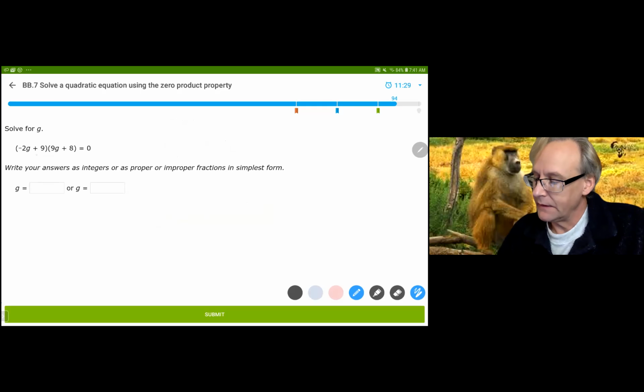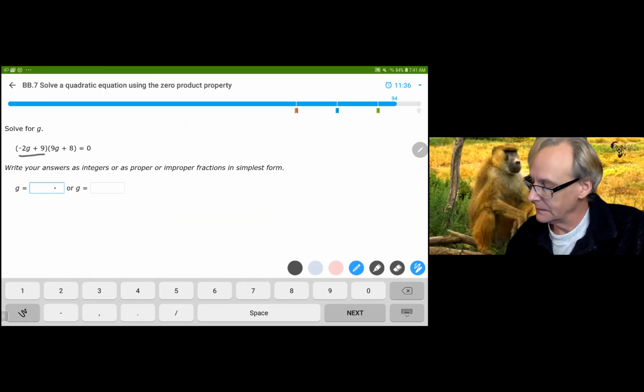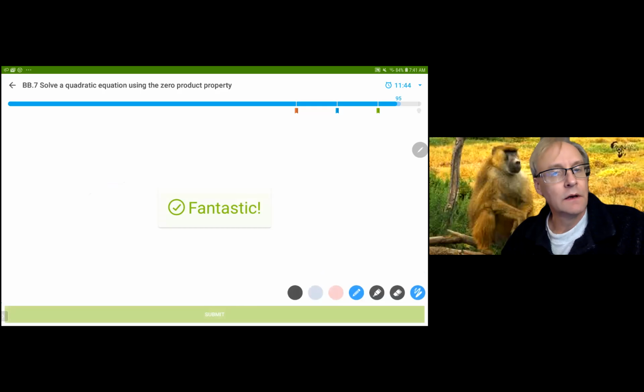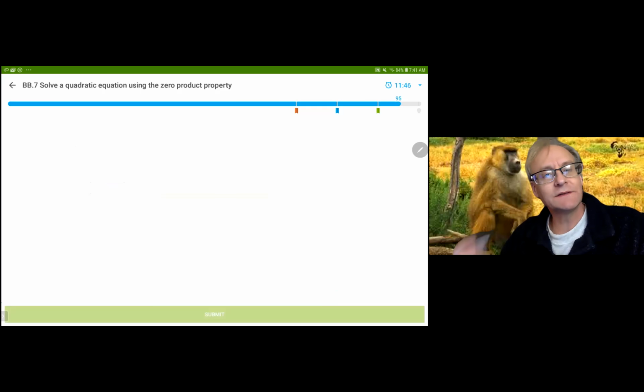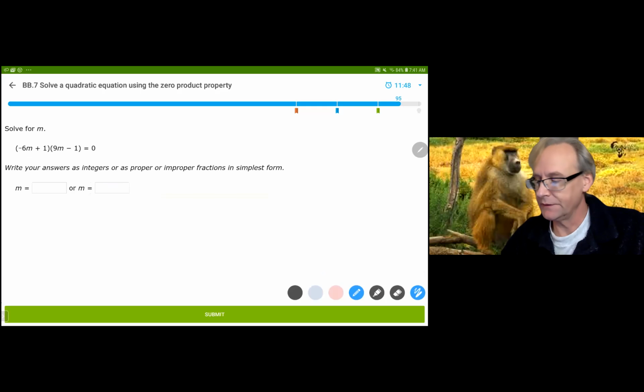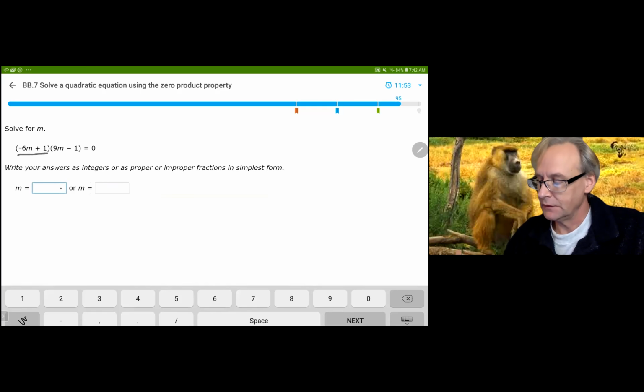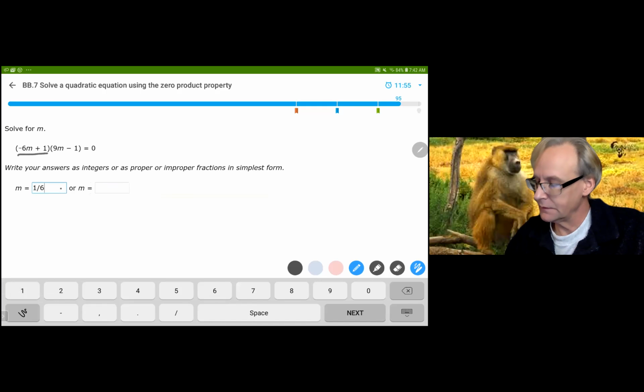In this one, we have a negative 9 over negative 2, which ends up being positive 9 over 2. And in this one, we have a negative 8 over 9. Hopefully that's clear. You guys could go ahead and write them out if you wanted to. This one is going to be negative 1 over negative 6, which is positive 1 over 6.